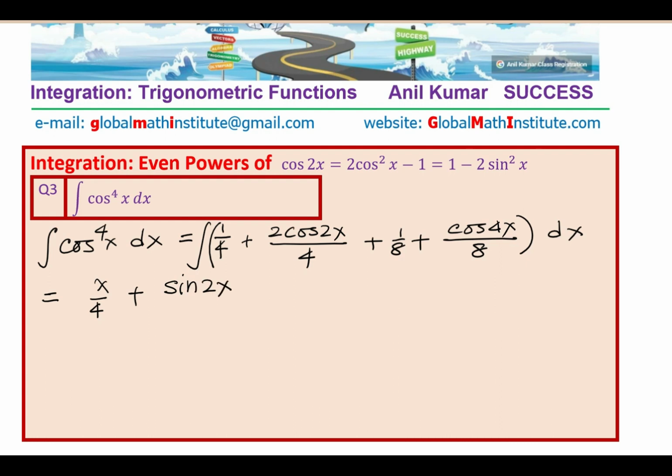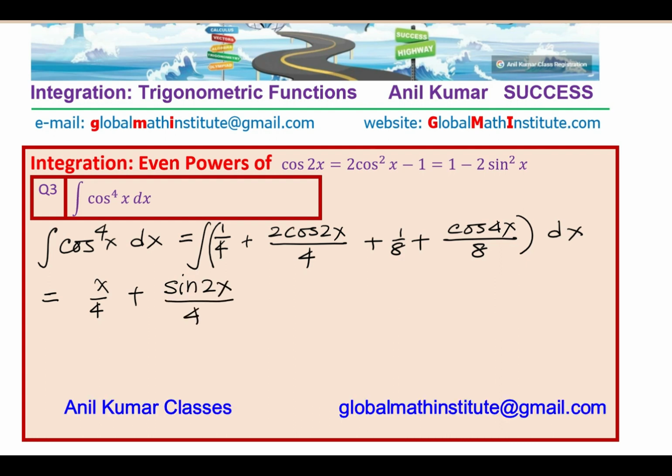Divide by 2, that 2 cancels, we are left with 4. And here we have x by 8. And then we have cos 4x is sin 4x. Divide by 4 gives us 32, plus c. Do you see how easily we have found this integral?